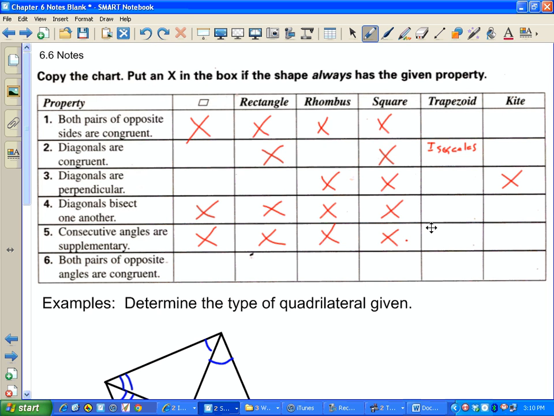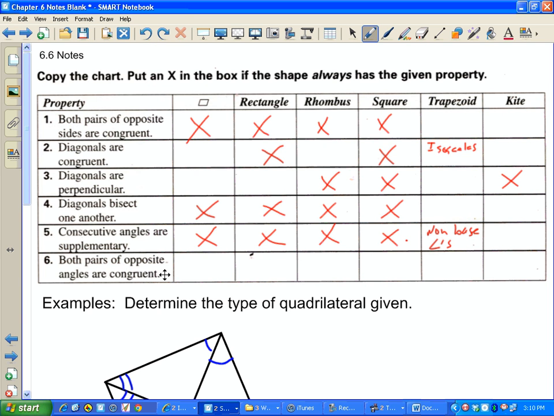The non-base angles will be supplementary because they're consecutive. Remember, if this is my trapezoid, these angles will be supplementary, but this one will not be supplementary with this one. So you've got a couple sets that are always in there, but it's not all the consecutive angles. And in a kite, no, not always.